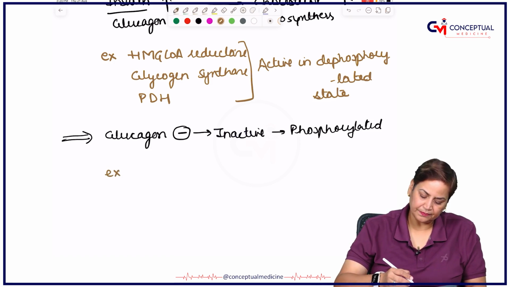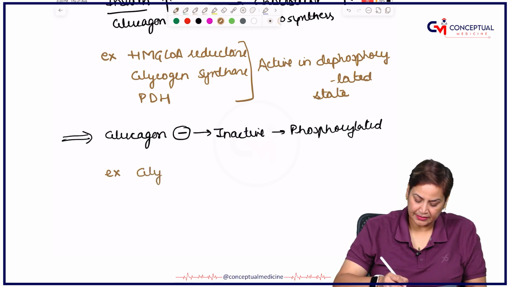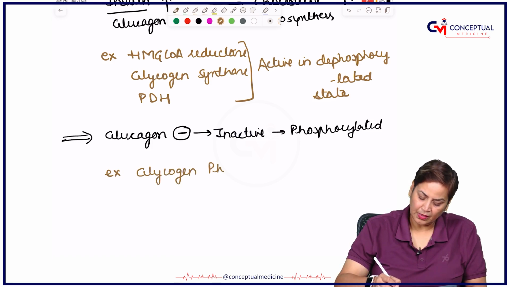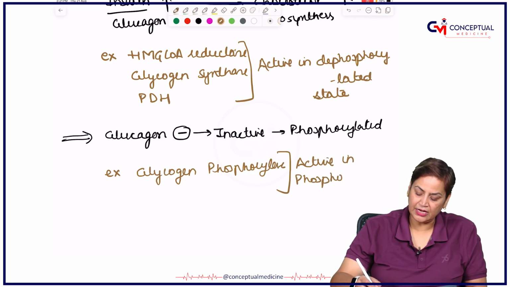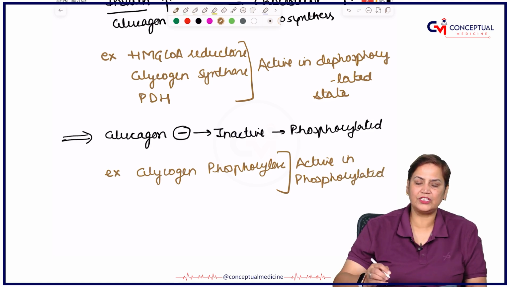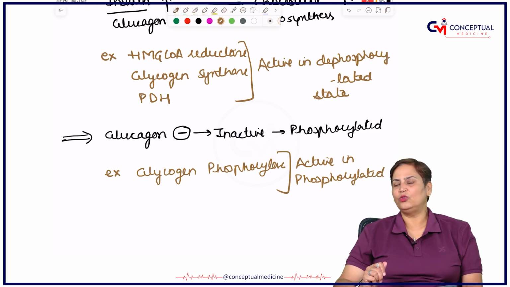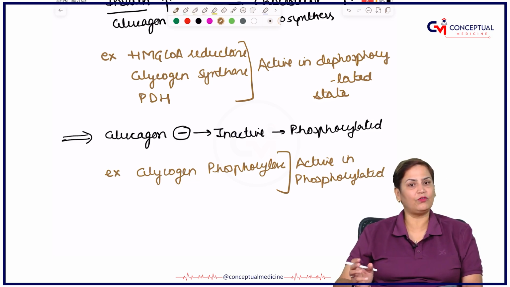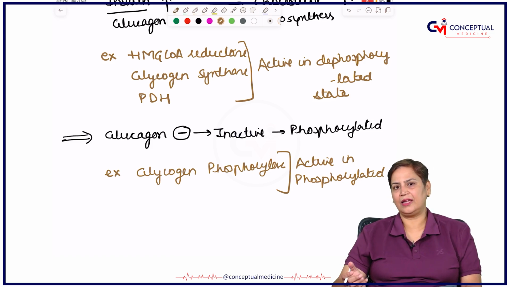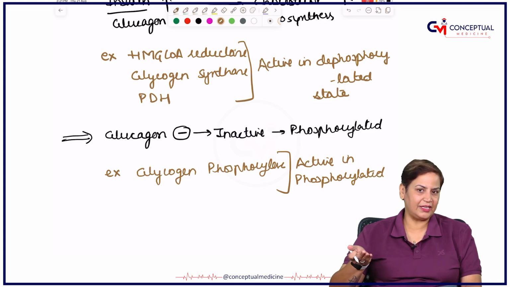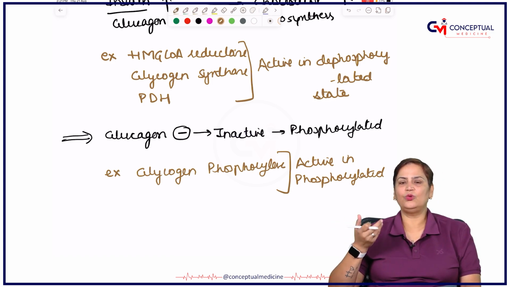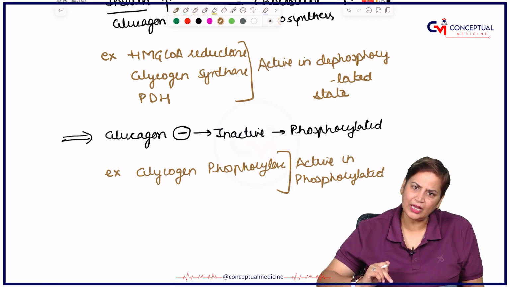So if I talk about glycogen phosphorylase, glycogen phosphorylase is active in phosphorylated form. So in general, insulin promotes those enzymes which are active in their dephosphorylated form, and glucagon promotes those enzymes which are active in their phosphorylated form. So this is hormonal regulation of cholesterol biosynthesis. So always remember, insulin and thyroxine are going to increase it, whereas glucagon and epinephrine are going to decrease it. So this is how they are regulated.